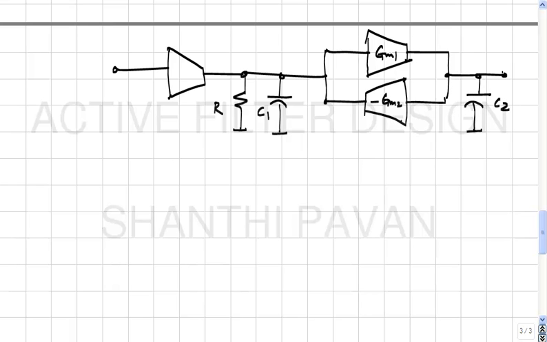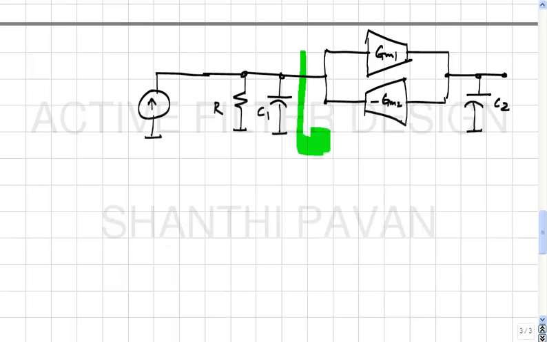Let me get back to the bare bones version of this, which is what we used to derive this. This was the parallel LC network.